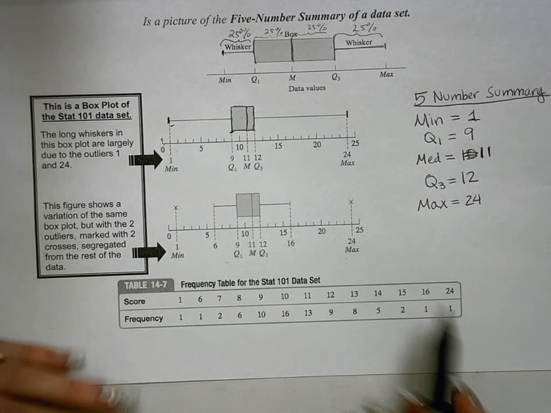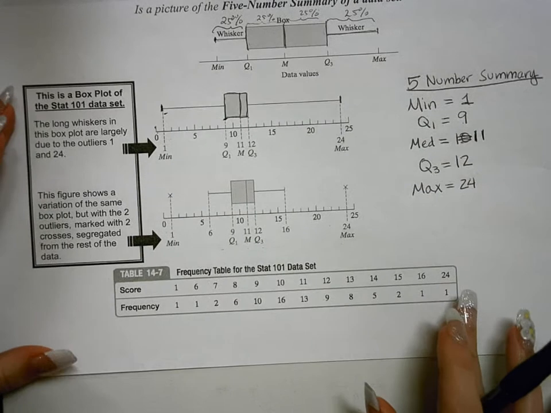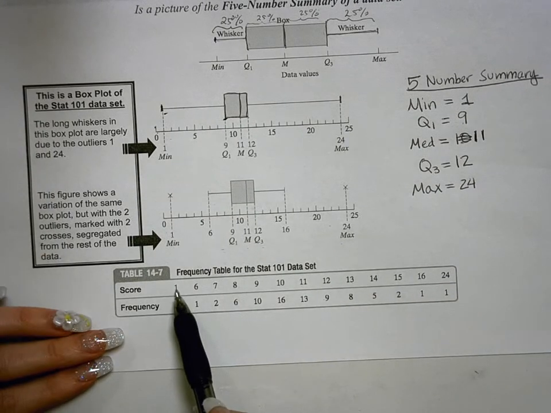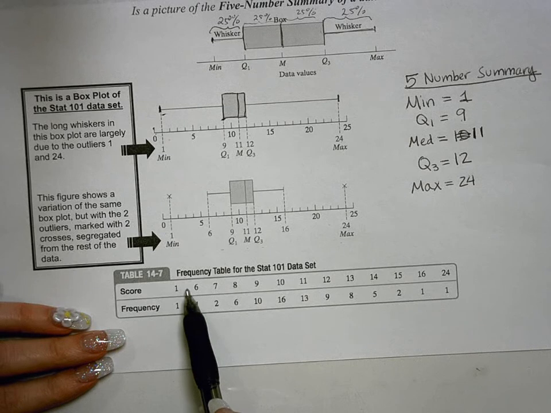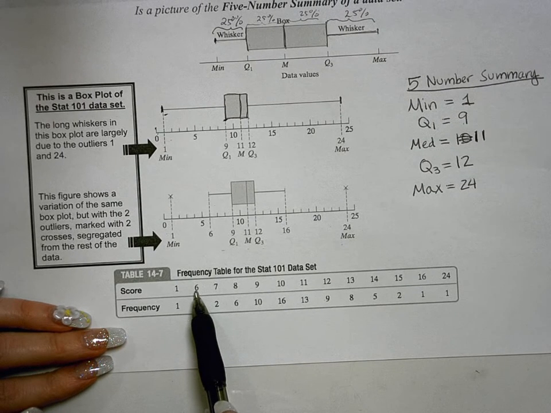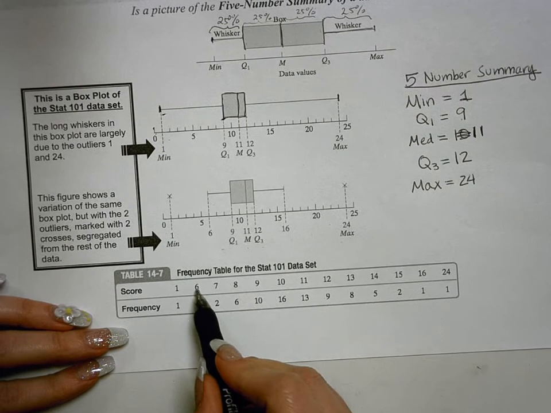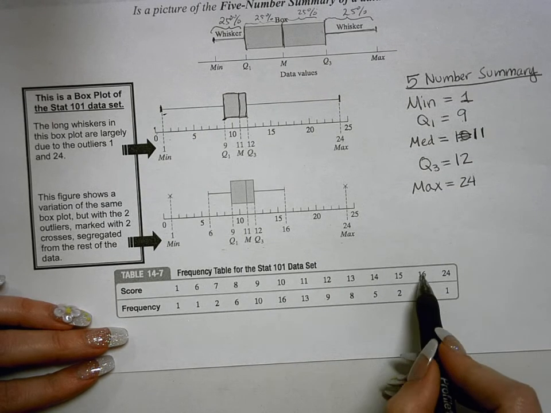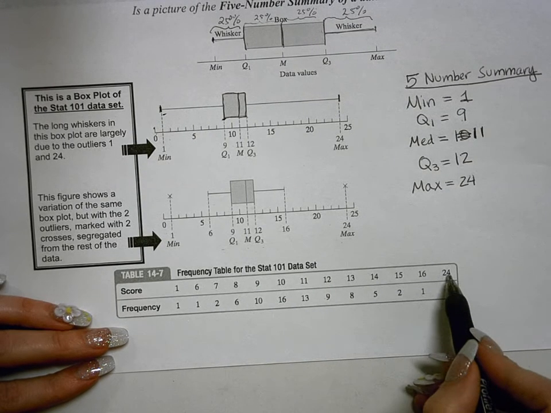If you see here, this is the original frequency table. We start with a score of 1, and then it jumps all the way to 6. From 6 it goes 6, 7, 8, 9, 10, 11, 12, 13, 14, 15, 16, and then it jumps again to 24.